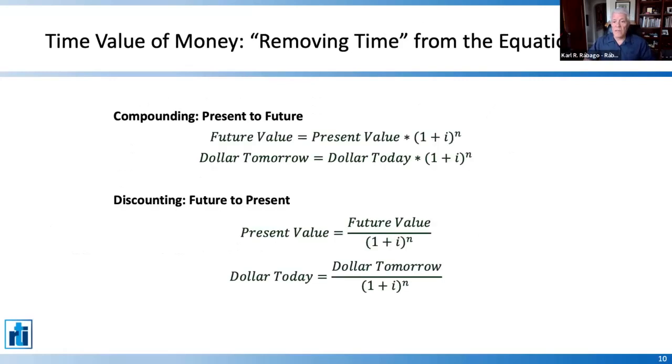Let's start looking at some examples. As we do this, by the way, I should tell you, there's no test on this, but there are formulas that show you how you remove time from the equation by making future dollars and current dollars comparable, while still being true to the idea that there are rates of inflation or rates of present value time preference that are built into it.